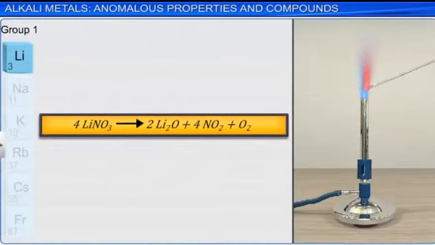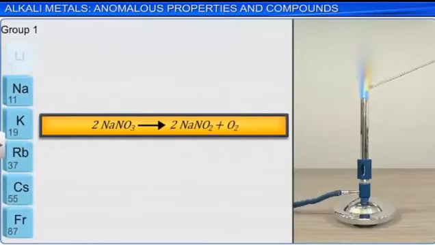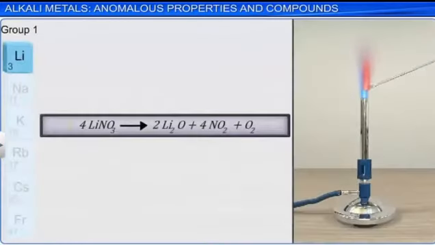However, other alkali metal nitrates form nitrites when heated. This is shown in the equations. Lithium nitrate decomposes to form lithium oxide, nitrogen dioxide, and oxygen gas, whereas the decomposition of sodium nitrate yields sodium nitrite and oxygen gas.